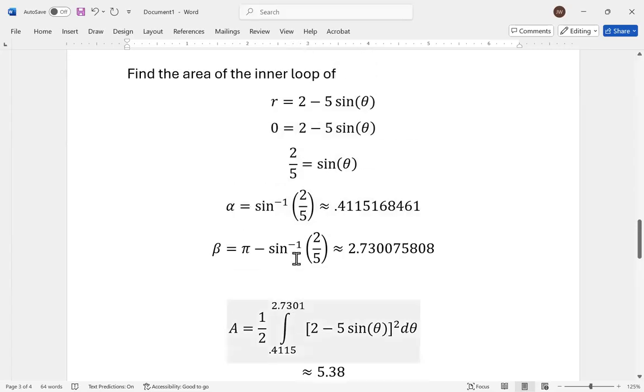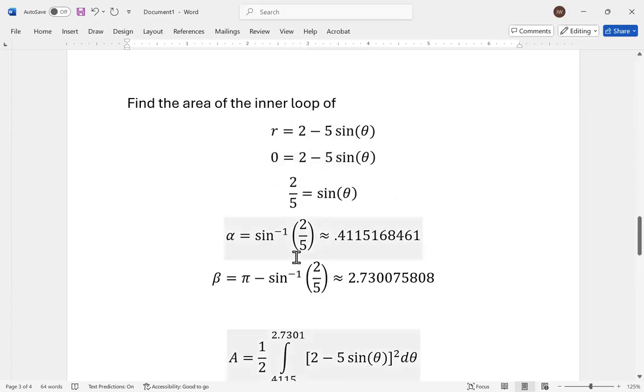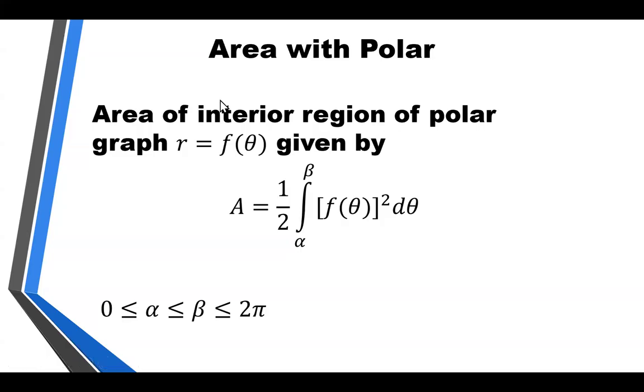All right, so that's how to find area of the interior of a polar function. That is what we do every time we try to find area with finding the interior region of some polar graph.